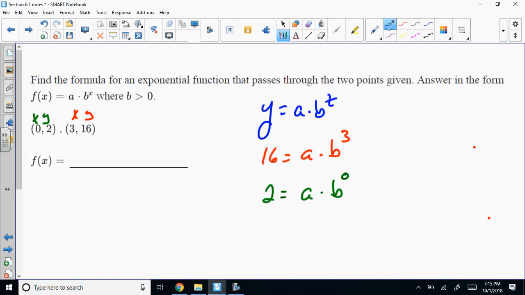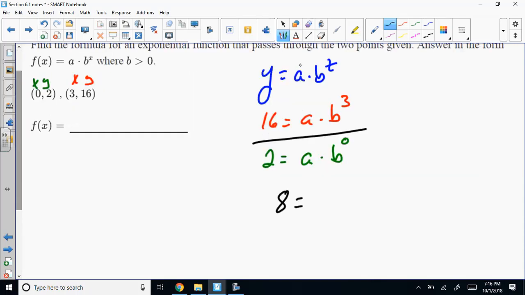Okay, now, this is cool. Let's divide them. We're going to subtract their exponents, but let's divide them. What's 16 divided by 2? Now, what is anything over itself? 1. So the A's go away.